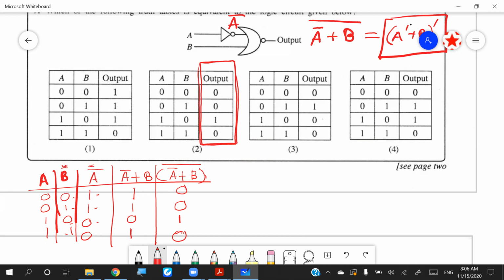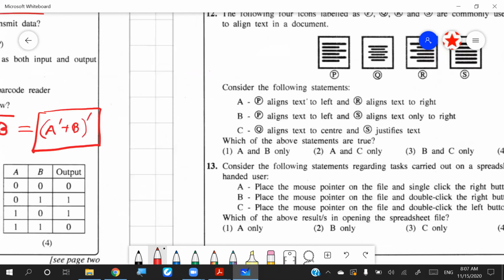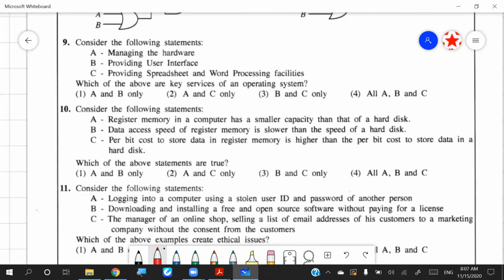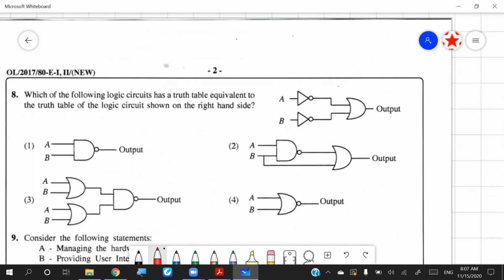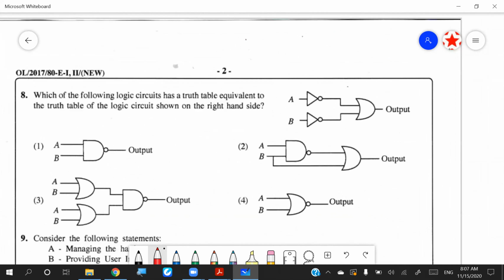Yes, people? Okay, great. So moving to the eighth question, which is something very similar. For this as well, we need to get the output. So this provides A bar, this provides B bar, and this provides A bar plus B bar.